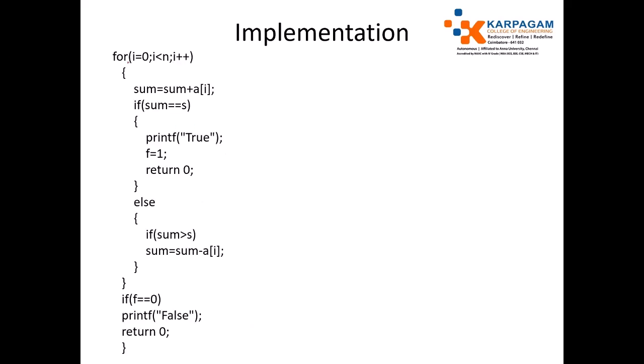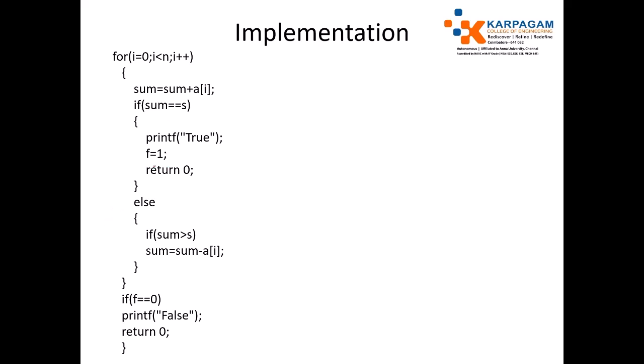After sorting, just use a for loop from 0 to n minus 1, select the value at the ith position and add it to the sum variable. If it equals the target sum, immediately return true and set flag equal to 1. After printing true, just immediately return. It will come out of the program.